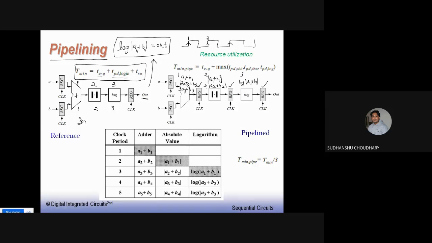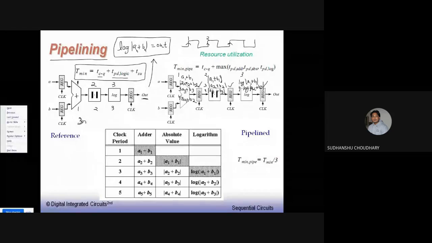Similarly, in the fourth clock cycle, the next data set will be here. That is, you have A4 plus B4 being performed by this element. In the fourth clock cycle, this will perform mod of A3 plus B3, and here you will have log of mod of A2 plus B2. So this pipelining is not letting any of these elements sit idle.